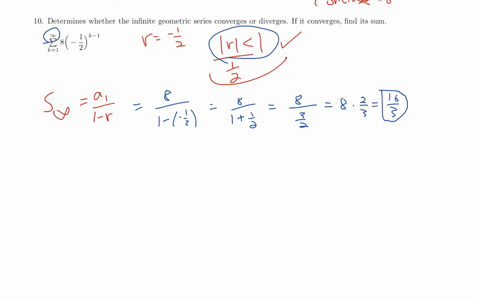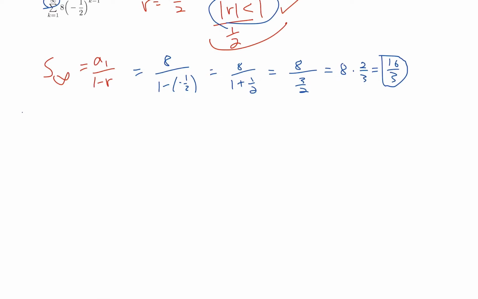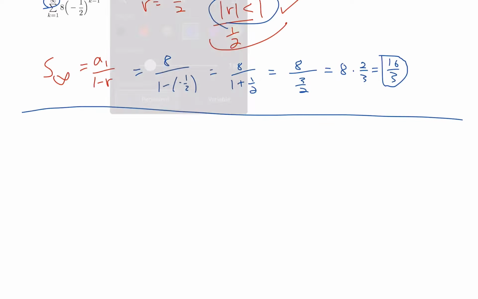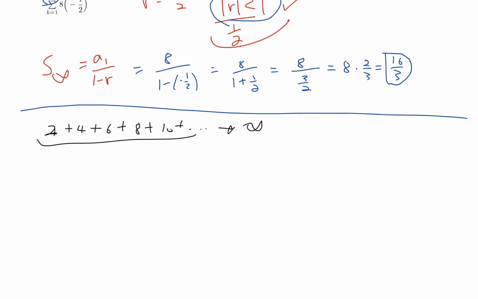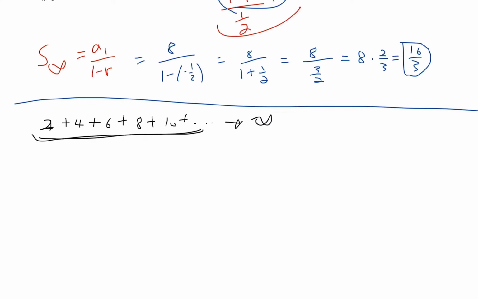This is the end of the problem, but let me give some additional explanation. When we add, for example, 2 plus 4 plus 6 plus 8 plus 10 plus, we keep adding, so this goes to positive infinity because we keep adding bigger numbers.